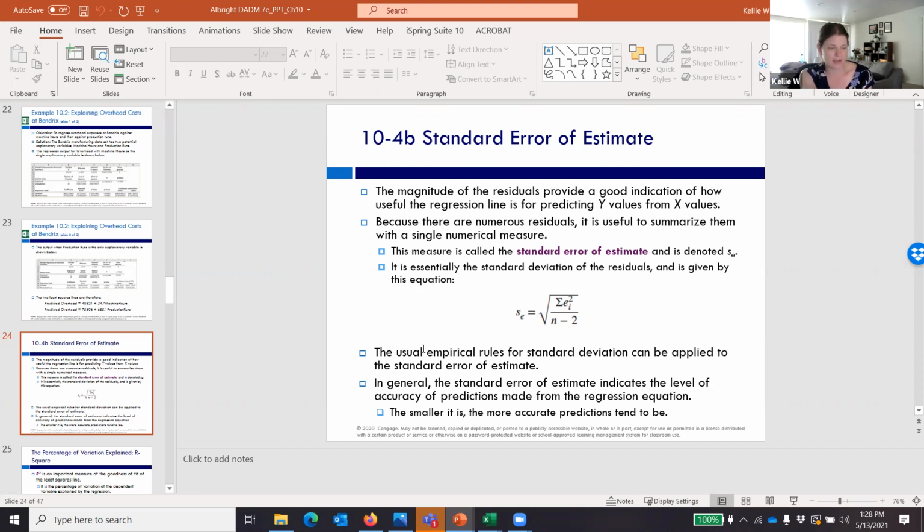It can be calculated by hand, but we're not going to do that. The same rules for standard deviation that we've talked about in the last few weeks apply to the standard error of the estimate. It indicates the level of accuracy of the predictions made from that regression equation. Smaller is better.